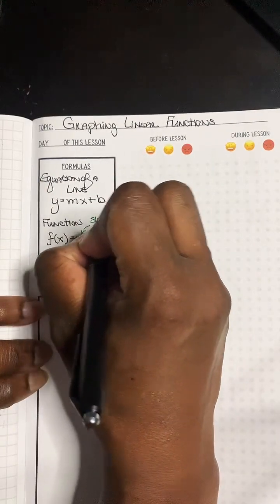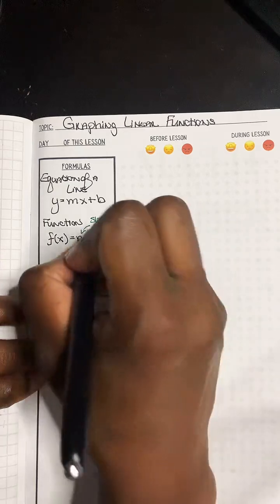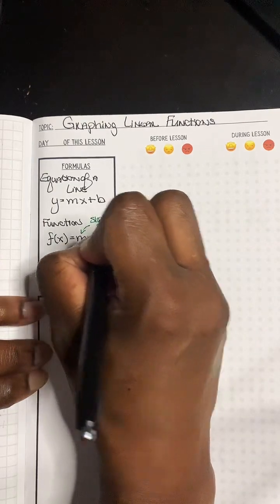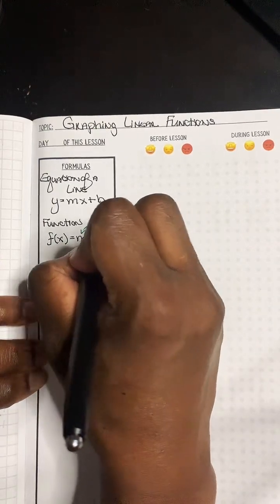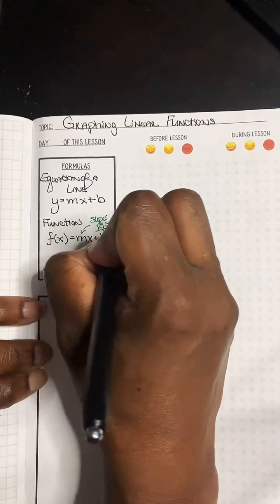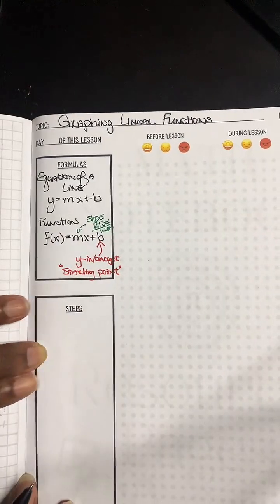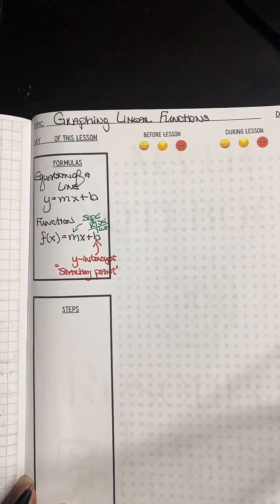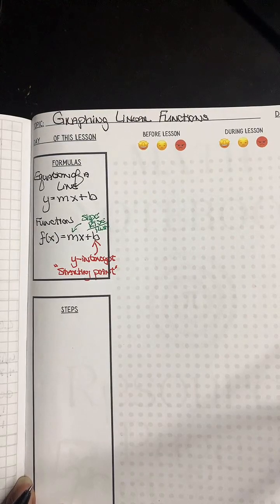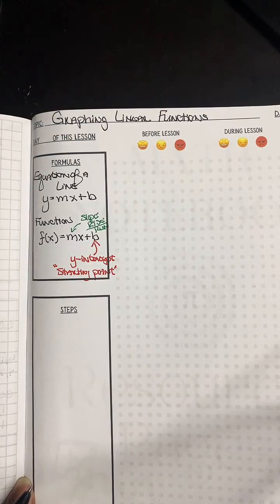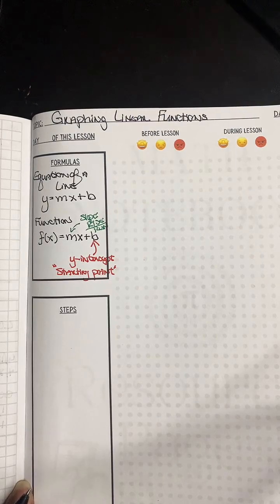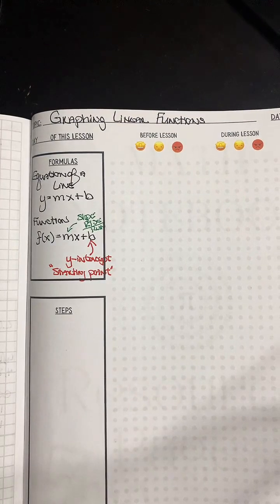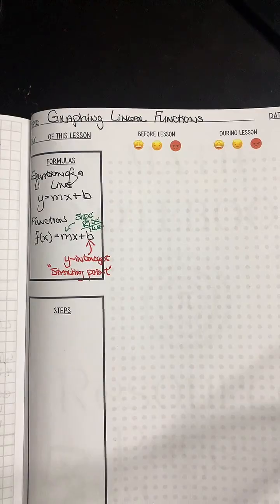A lot of people will have slope as rate of change, or it's also known as your rise over your run. Rise over your run. So all we're basically doing is taking a couple of equations, or a couple of functions, and we're going to graph them, okay? It's all based on the movement.